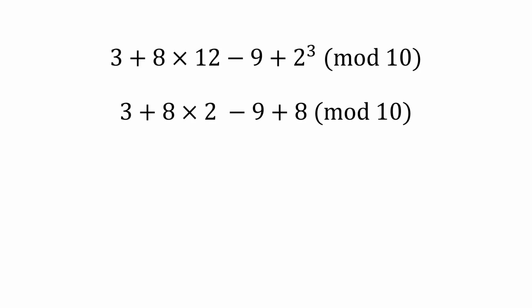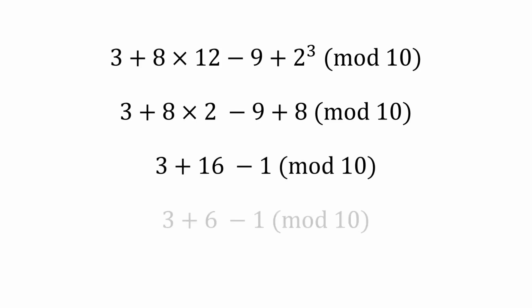So now if we replace this 12 by 2, we're going to get a slightly simpler expression. 8 times 2 is easier to compute than 8 times 12, right? But if we simplify the expression until we get the final result, we are still going to get 8, which is the correct answer. And in fact, we can push this even further.